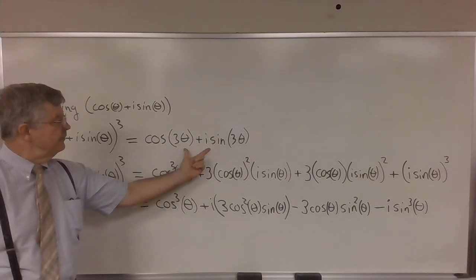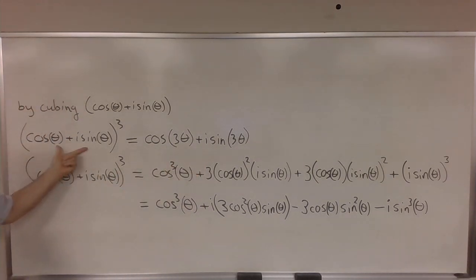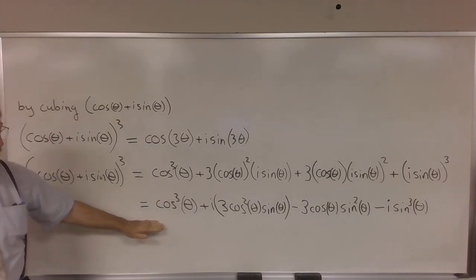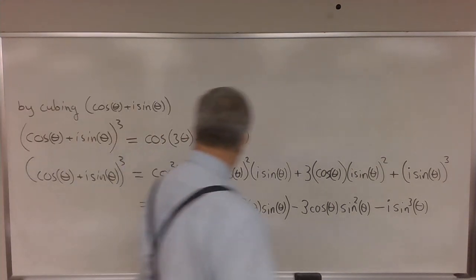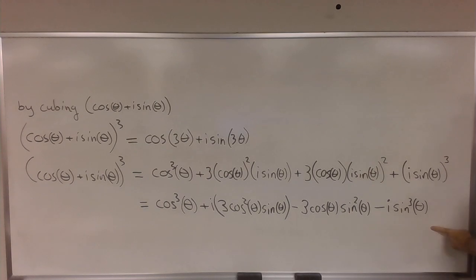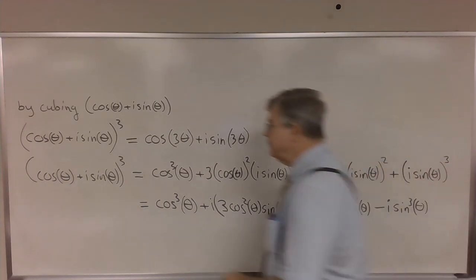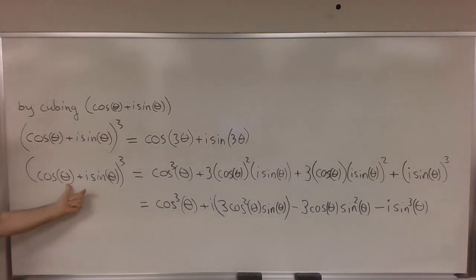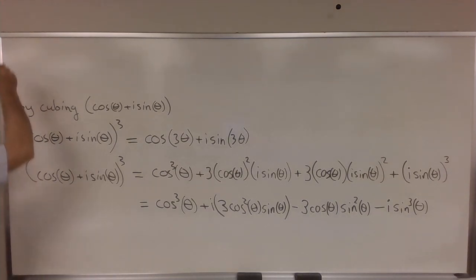This thing is cosine theta plus i sine theta cubed. And down here, this whole piece of junk is also cosine theta plus i sine of theta quantity cubed. The two things are equal, so I'm actually going to write that out.